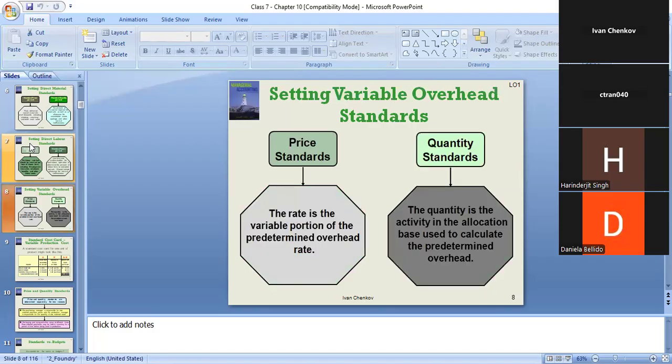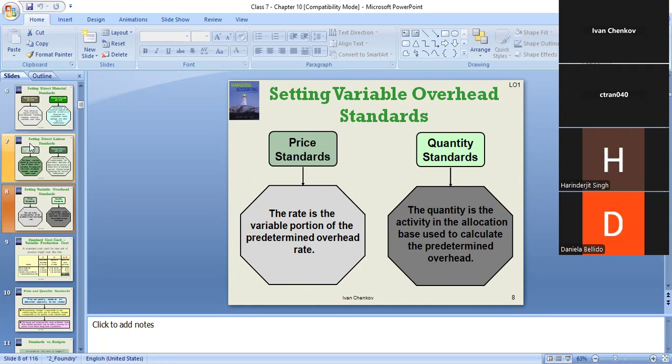Now let's set up the standard for the variable overhead. We're going to have the price standard for the variable overhead, and we're going to have the quantity standard for the variable overhead. Price standard will be the variable rate that we're going to get from the predetermined overhead rate calculation.